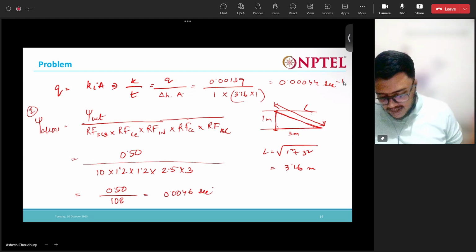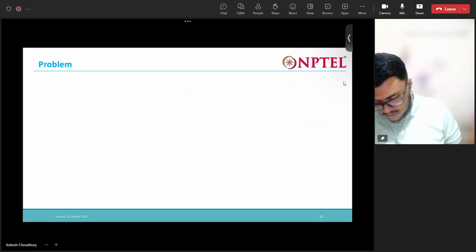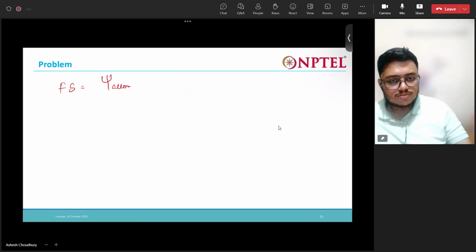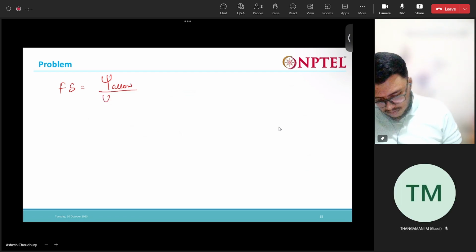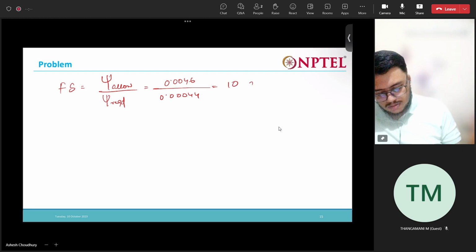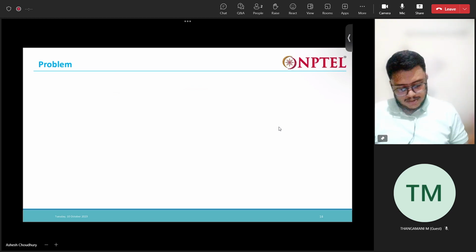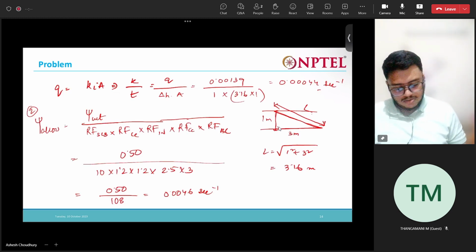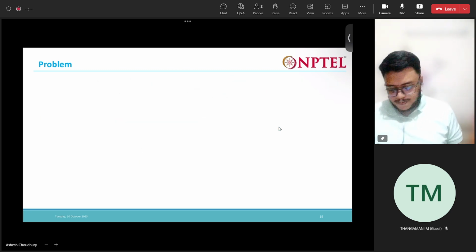So how much will be my factor of safety? Ten, which is right. So this much is allowable and the required is this much. So allowable by required, I get the factor.